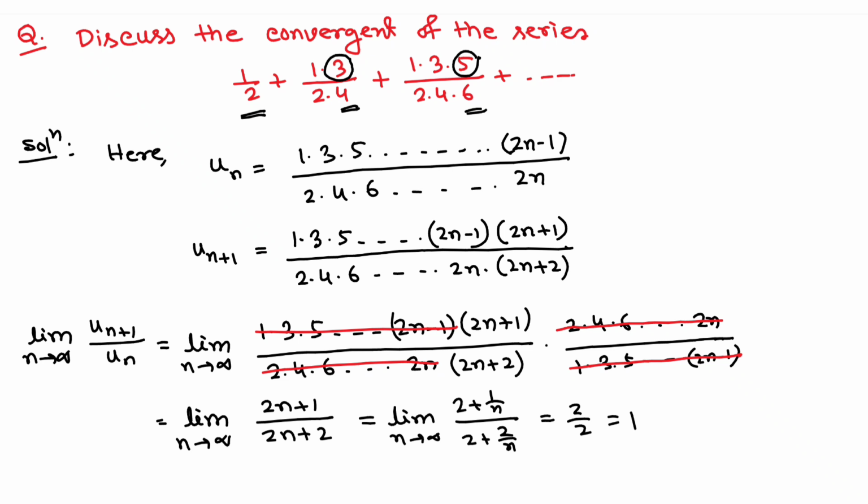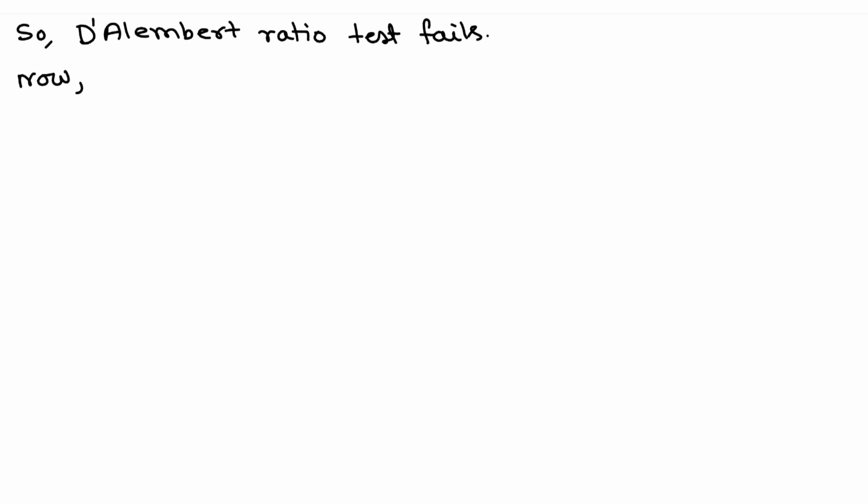So in D'Alembert ratio test we are getting the limit 1, and we know when the limit is 1, D'Alembert ratio test fails. Clear? Now we have to use Raabe's test.